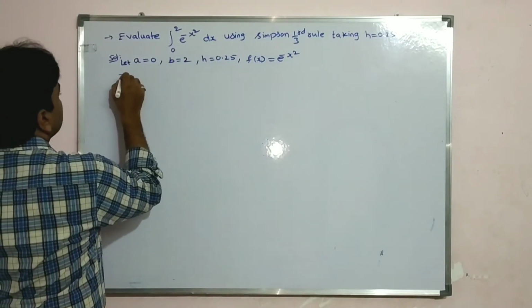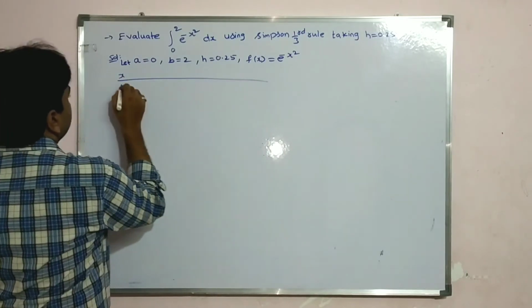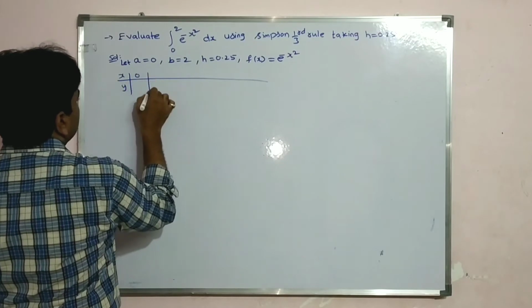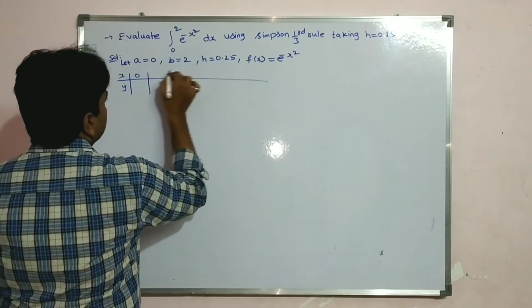So you draw the table here directly: x, y. What is the lower limit, students? 0. What is the difference? 0.25.